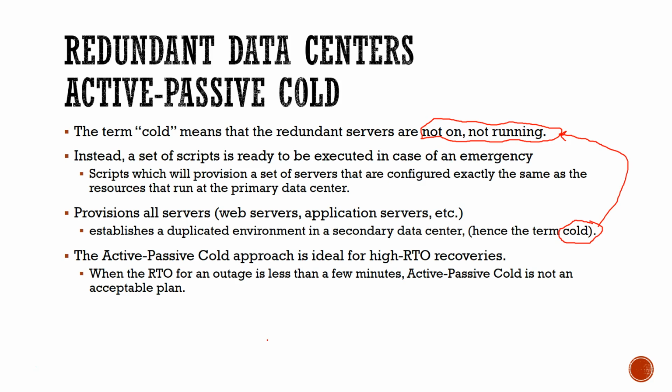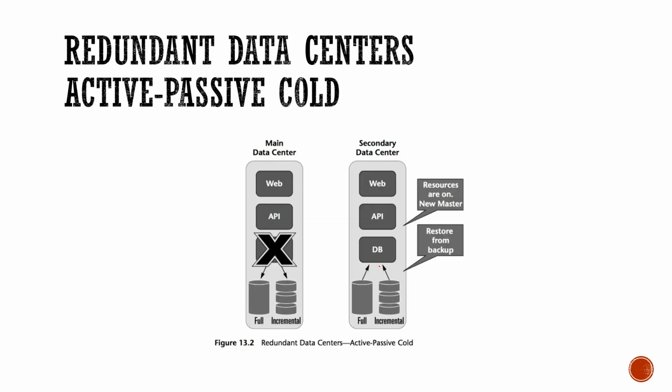It's going to take a while to run the script, to get the new servers running with the new provisioning, and so you're going to have some downtime associated with active passive cold. Here's what it looks like. So you lose the database, just like we did in the other example.